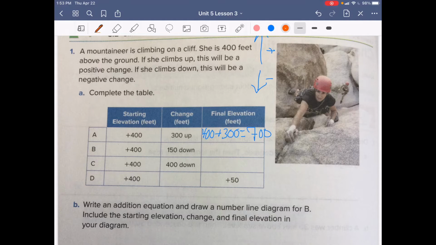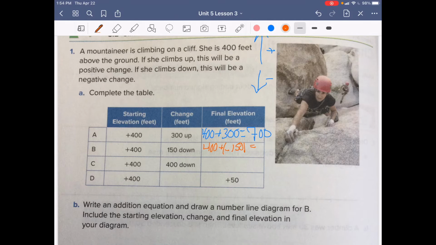If we look at the next one, we have 400 and we went down 150 feet. So we're going down. That's going to be a negative change. So what we're going to need to do is add a negative. So we'll have 400 plus negative 150 equals what?